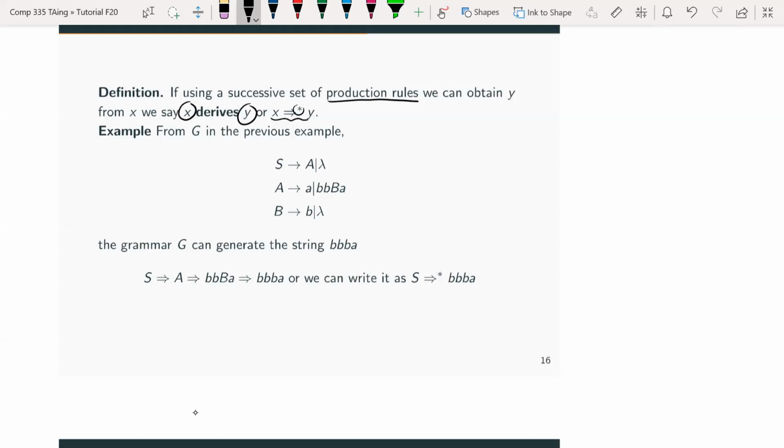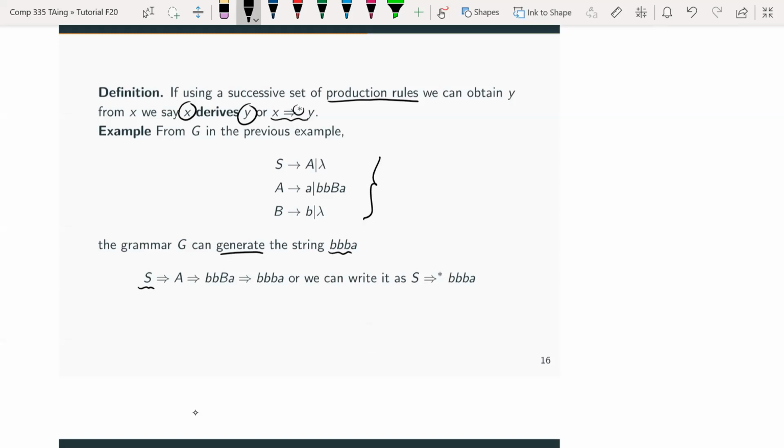For example, using the previous grammar with the production rules, you can say that the grammar G generates the string bbba. How does it do that? Well, any string that's generated by G, you always start with S.